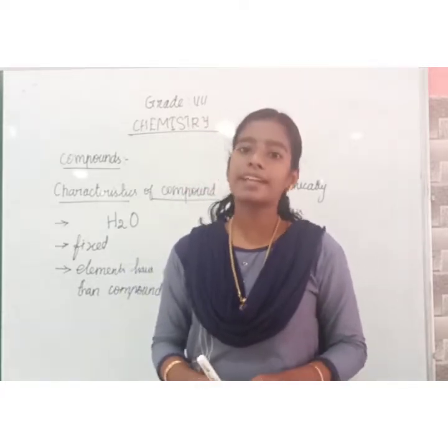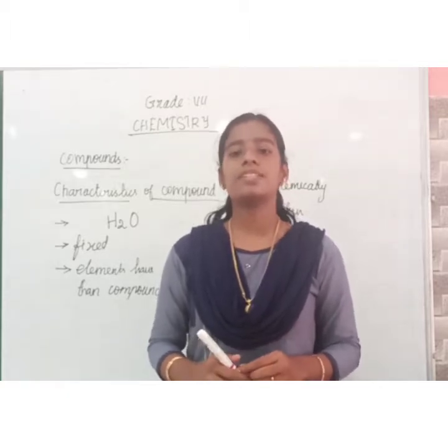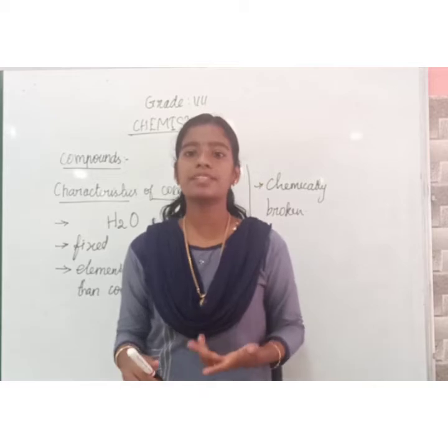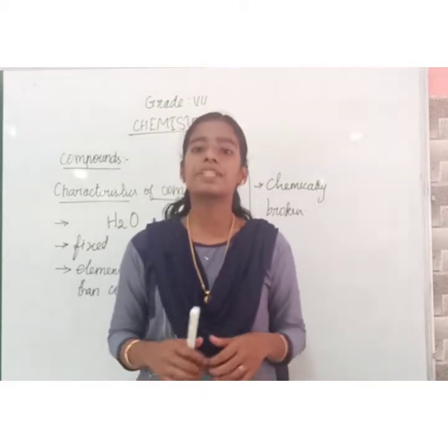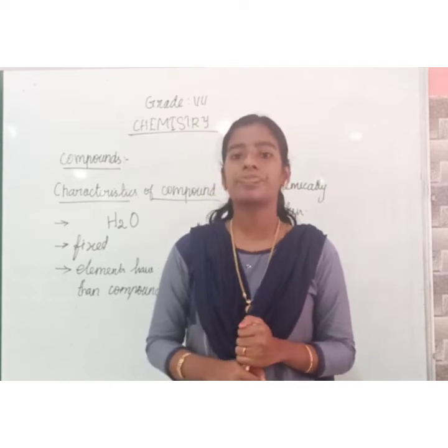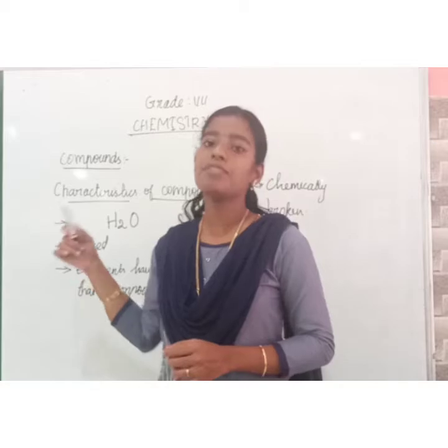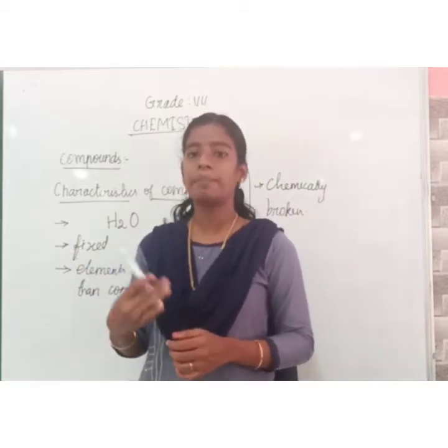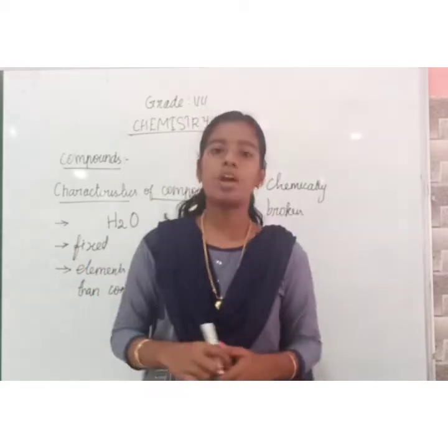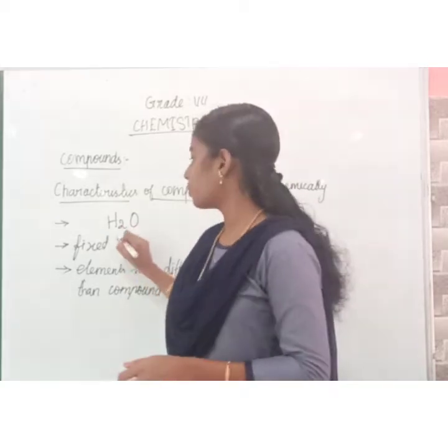Now, what are the characteristics of compounds? For elements, how did we represent them? Elements are represented using chemical symbols, right? Compounds are represented using chemical formulas. For example, water has the chemical formula H2O.